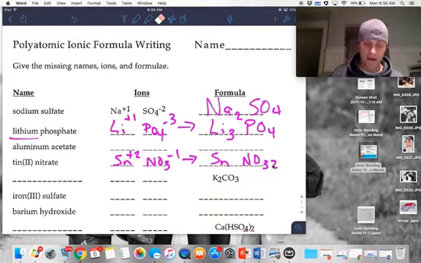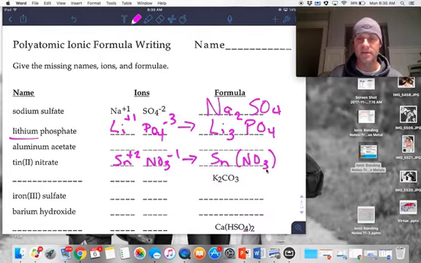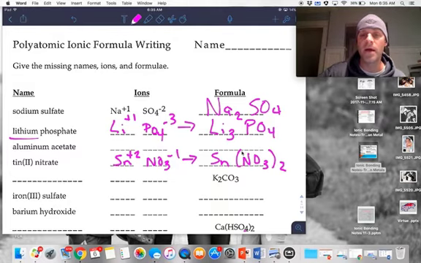That's not what I want. I want 2 NO3s. If I have a polyatomic ion like nitrate and I want to say I have 2 of them, I have to put those in parentheses, and then I can put that subscript down there. That tells me I have 2 NO3s. So the formula is Sn(NO3)2.